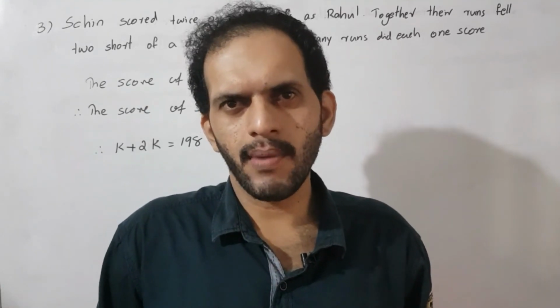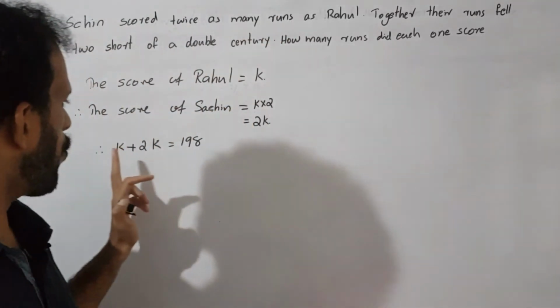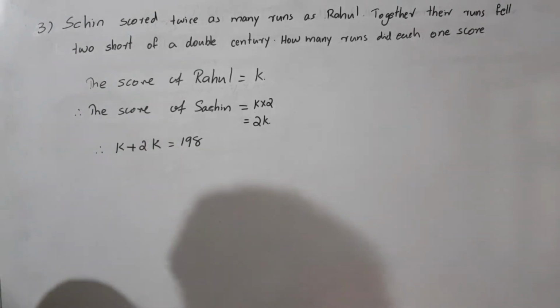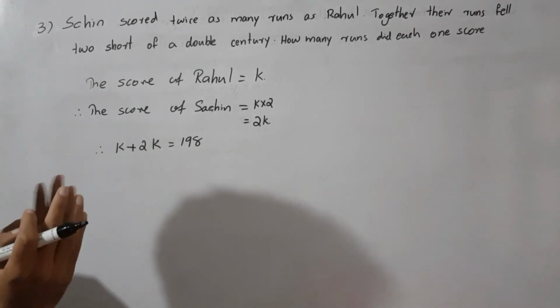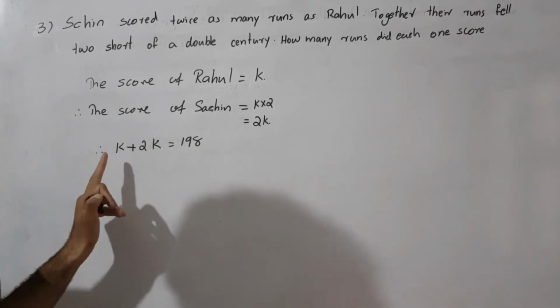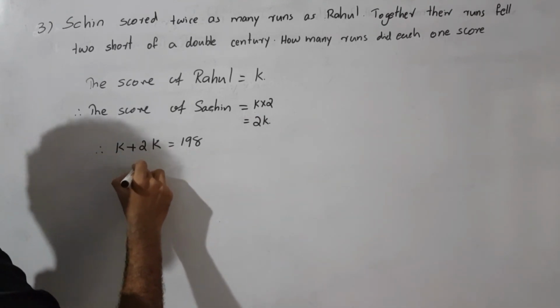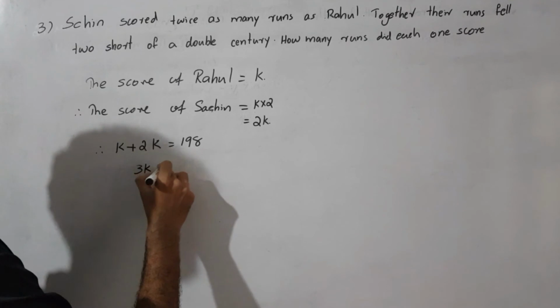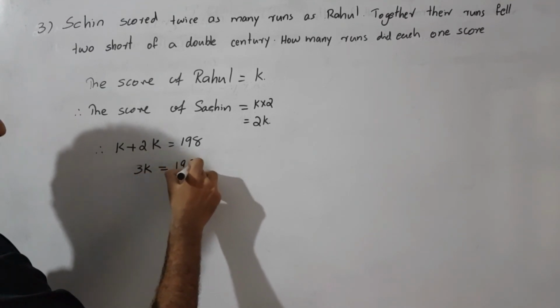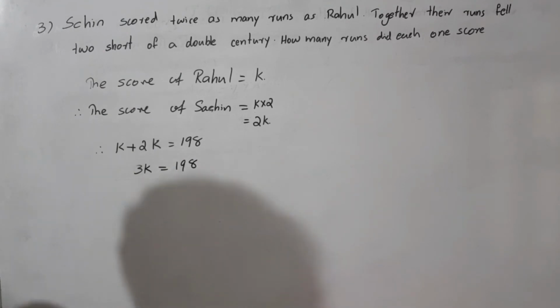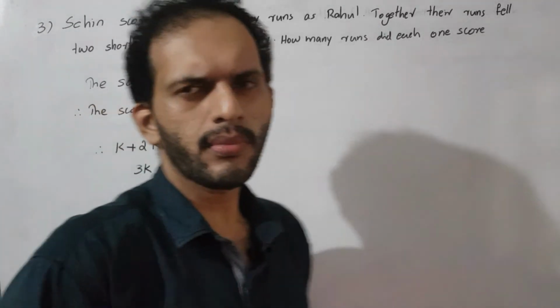We get 7 mangoes. As like here, 1K plus 2K is equal to 198. Then we join, means we add together, then what we get is 1K plus 2K is equal to, yes, very clear, 3K is equal to 198. This is our equation: 3K is equal to 198.